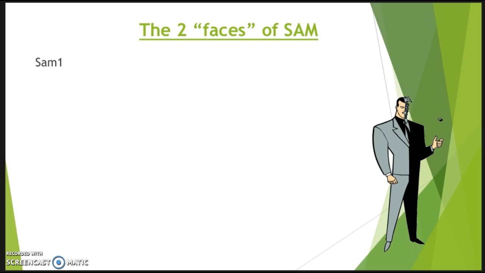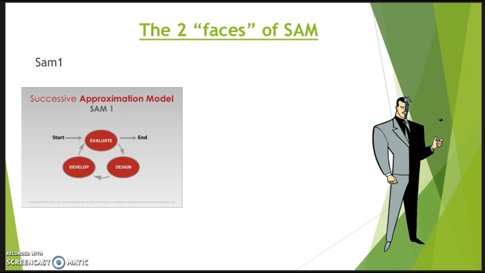SAM has 2 phases. If you have teenagers who watch comic book movies like I do, then you understand Two-Face. SAM 1, the first, is a shorter project, and as you can see, SAM 1 is super easy to use. The plan begins at evaluation, moves through to design, and continues to development, which then cycles back to evaluation and around again.